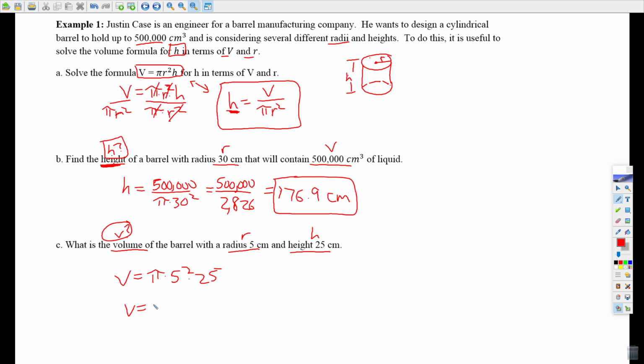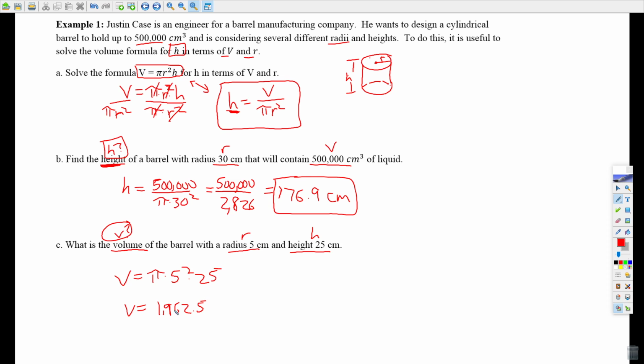We'll get V equals, so again, I'm going to use pi as 3.14 when I put in the calculator. So 3.14 times 5 squared, which is 25, times 25 again. This looks like I got 1,962.5.